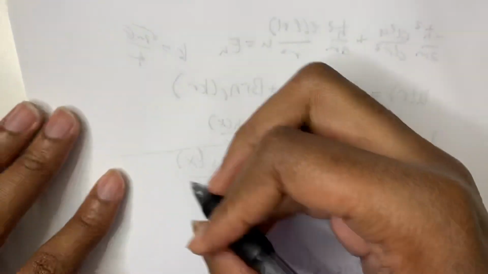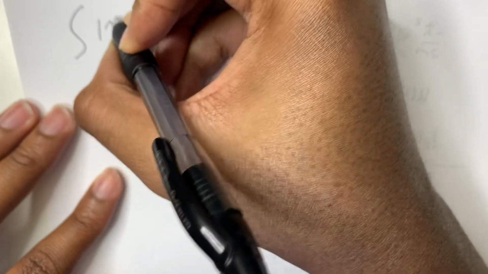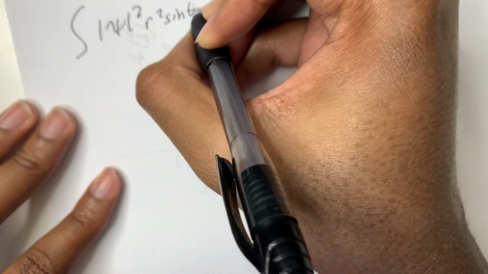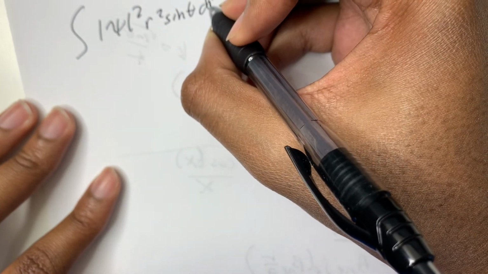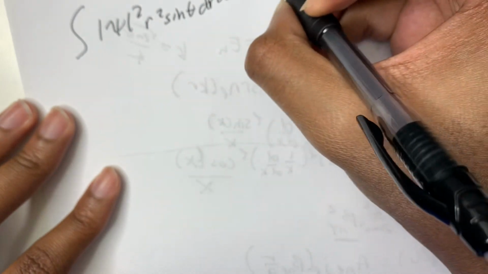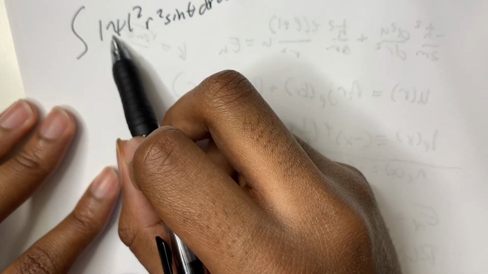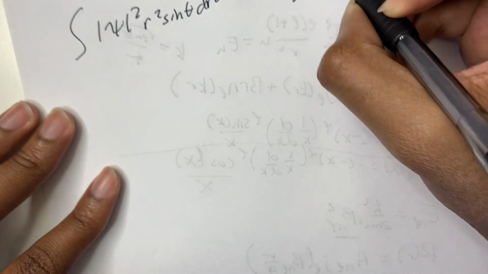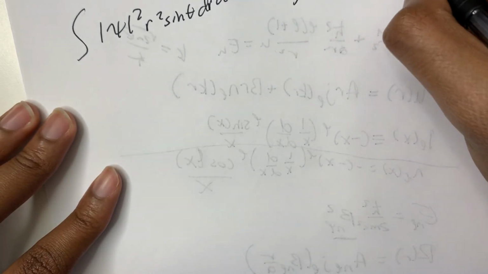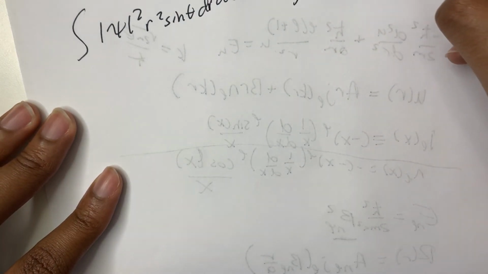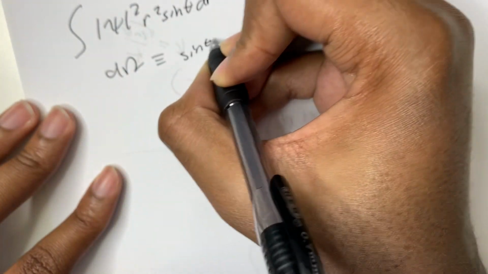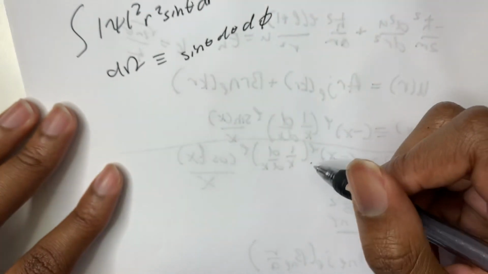So when we normalize our wave function in spherical coordinates, it looks like this. The r squared dr d theta d phi. We break this up into R and Y to get this. Where here we define d omega as sine theta d theta d phi. Okay?